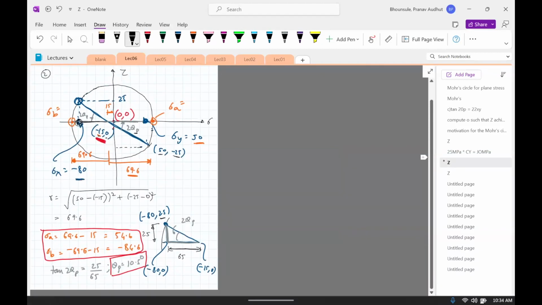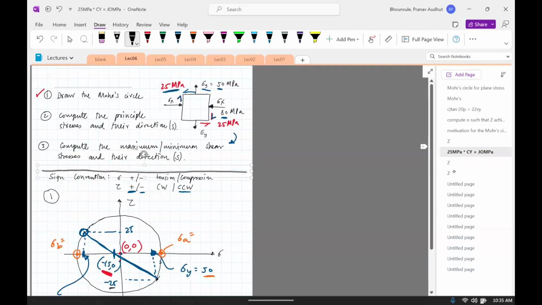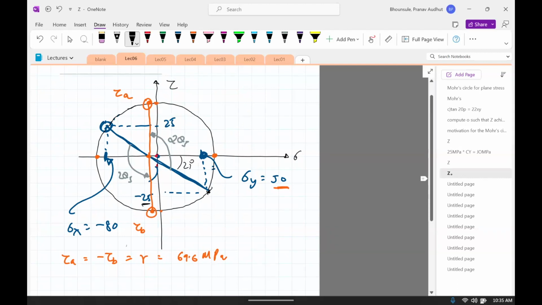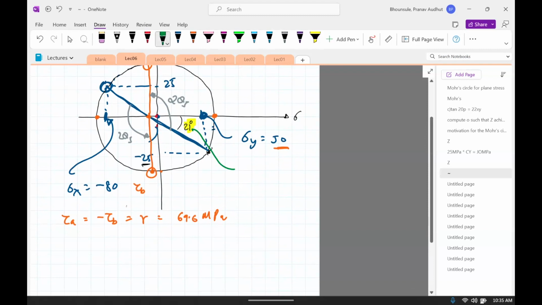So twice theta p is twice 10.5, which is 21. So we know this is 21 degrees from 2.